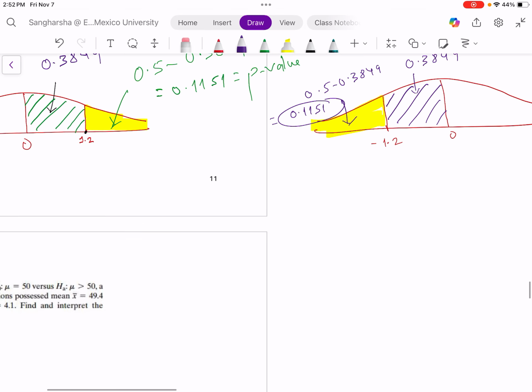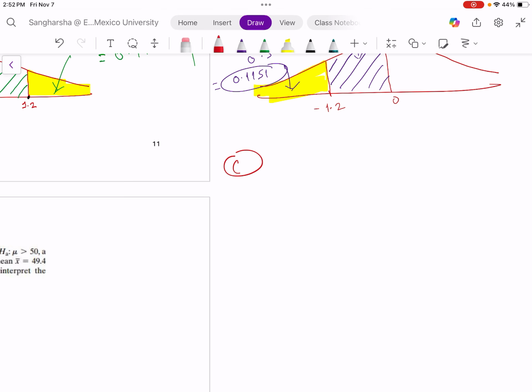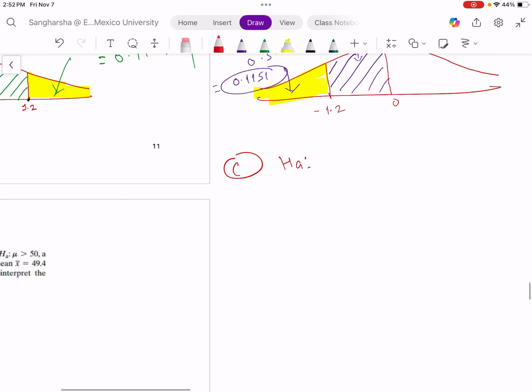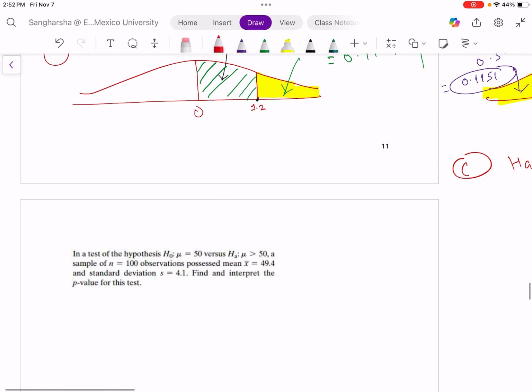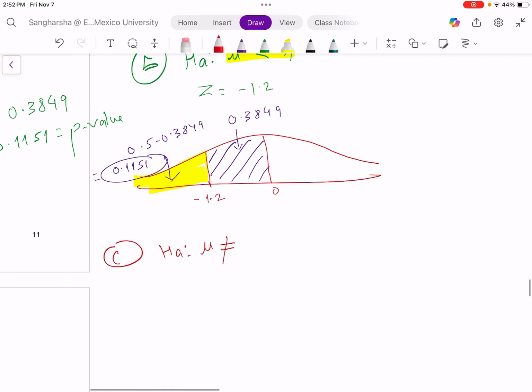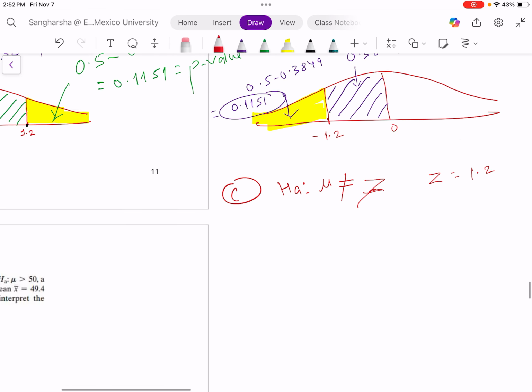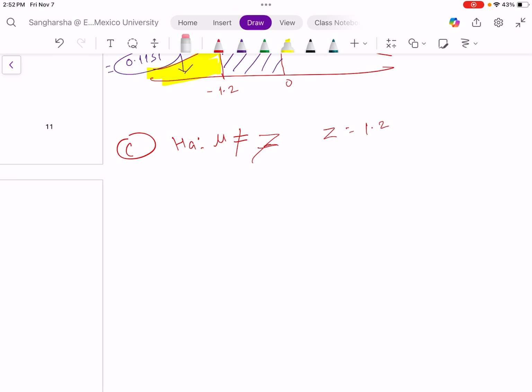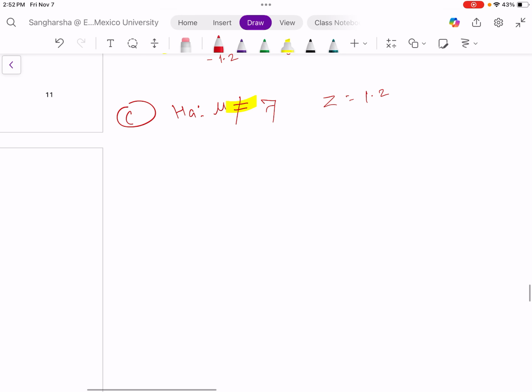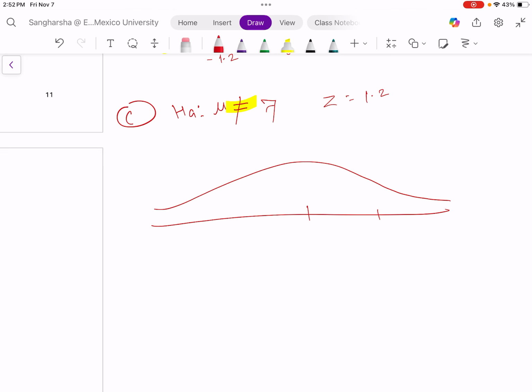Now next we have part C. Our alternative hypothesis is mu not equal to 7, and our z is equal to 1.2. Now this is a two-tailed test. Since we have not equal to, we have the rejection region on the two sides. So this is 1.2, this is negative 1.2. It means the p-value is on the two sides.